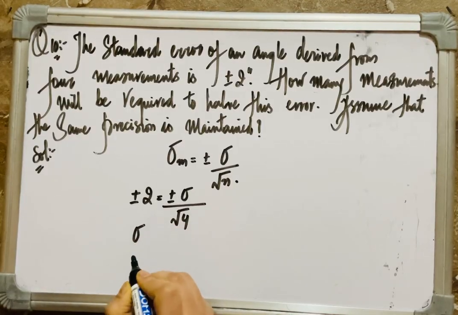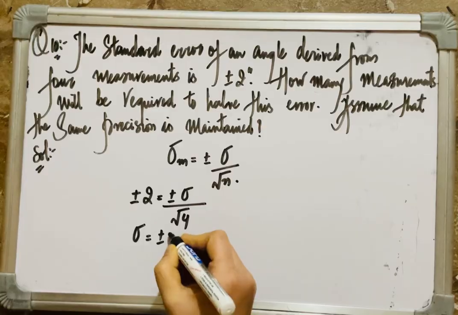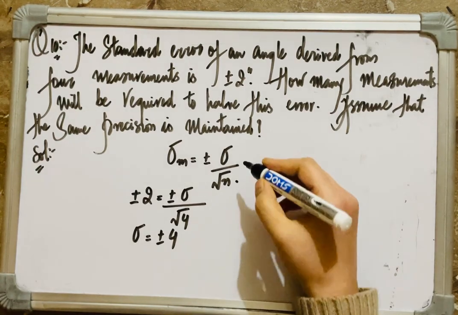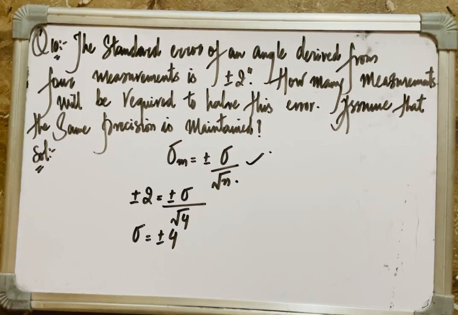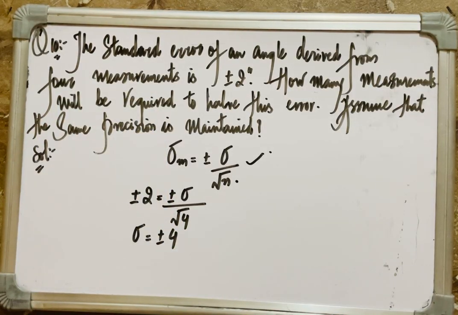So sigma will be given by plus minus 4. This is the general expression, and I used the given quantities in the question. The standard error of the 4 measurements is 2 seconds.